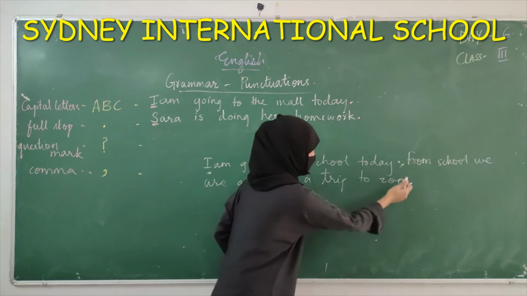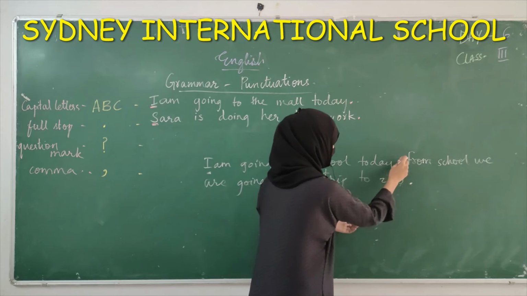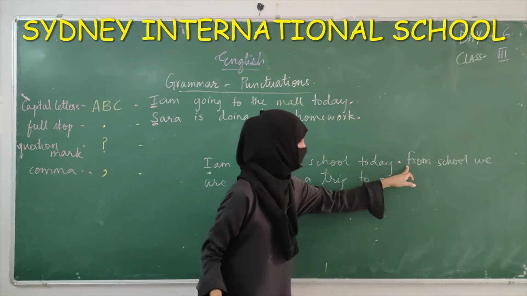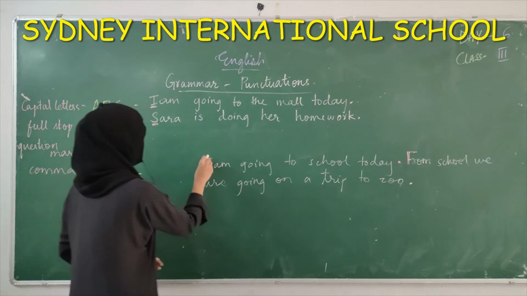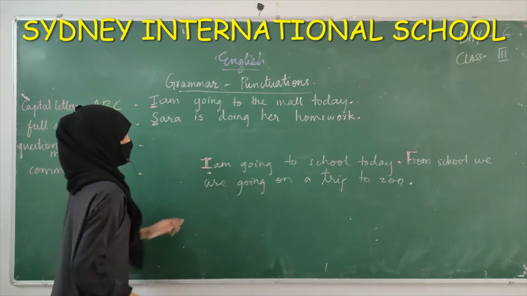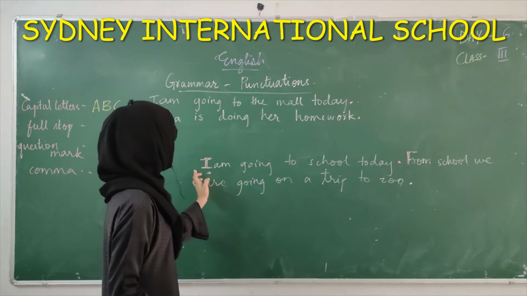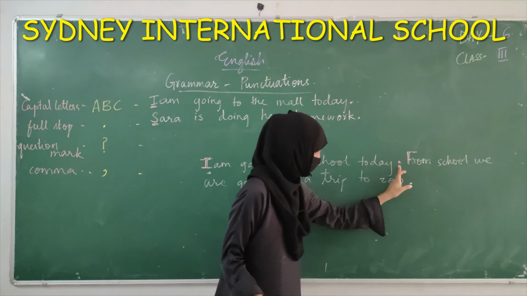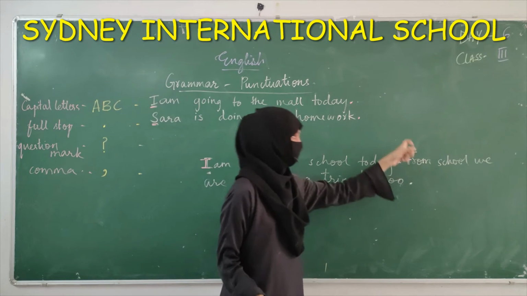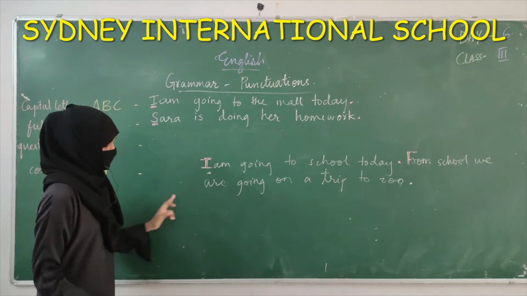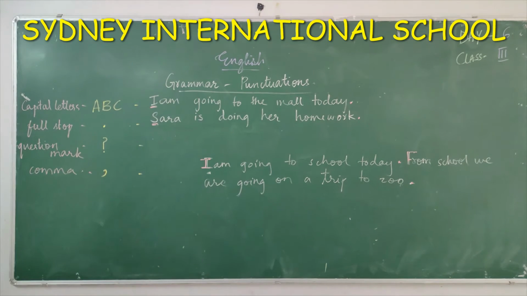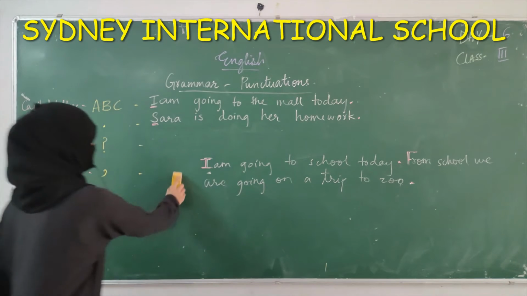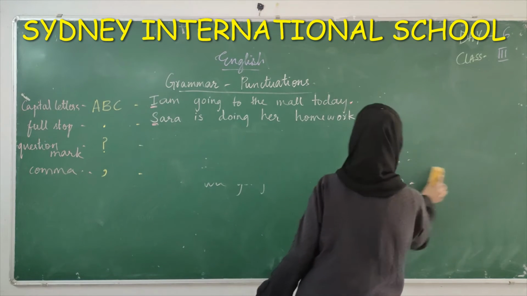The next sentence after a full stop will again start with a capital letter. When you are writing two or three sentences in continuation, you'll start with a capital, you'll put a full stop. After the full stop, again you will start with a capital letter and end the sentence with a full stop. Don't forget. Now, next we'll go to question mark.